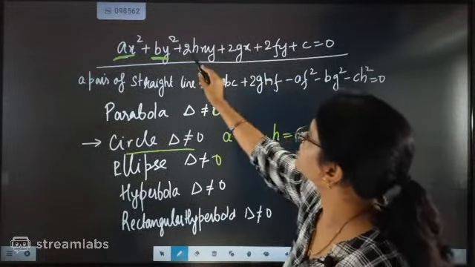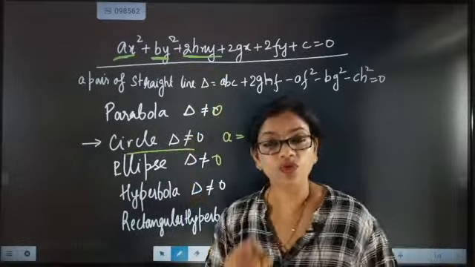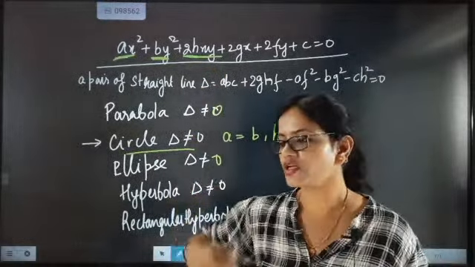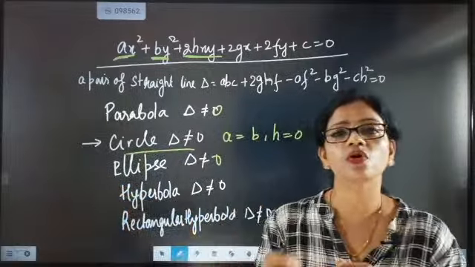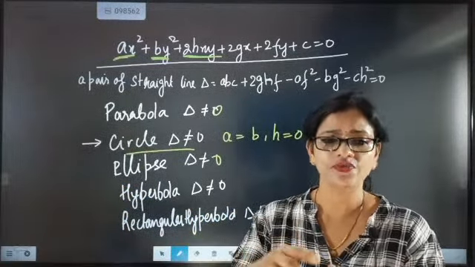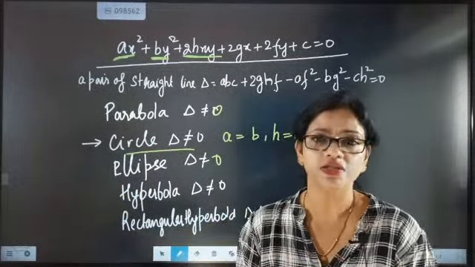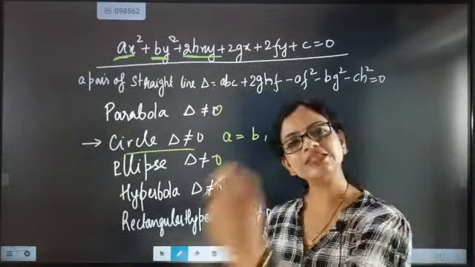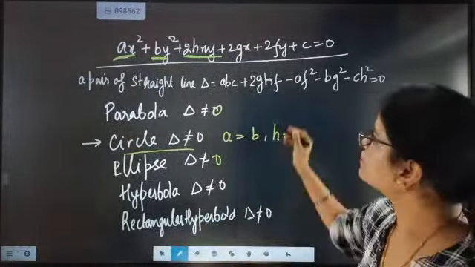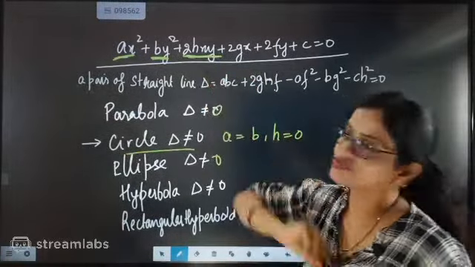Here h is exactly the coefficient of xy. So when you write the equation of a circle, there is no xy term, because the xy part is 0. If we take h itself as 0, then this term will not come at all in the equation of a circle.